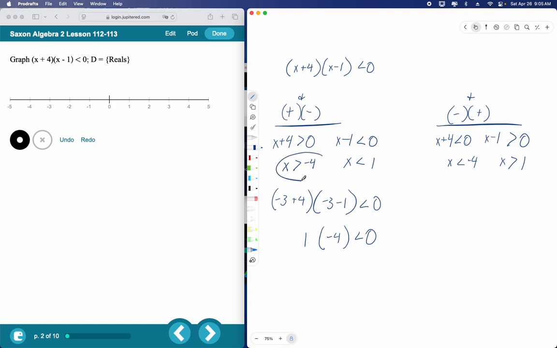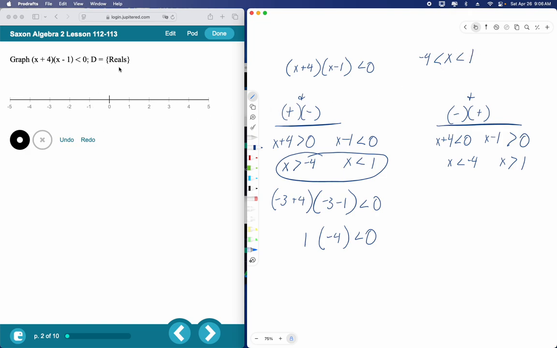So that means these are the ones that we are graphing. That also means we have a conjunction. We can rewrite that as, all right, we've got x in the middle. It's less than a positive 1, but it also is greater than a negative 4. So negative 4 is less than x, which is less than 1.